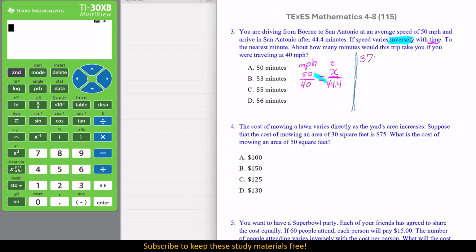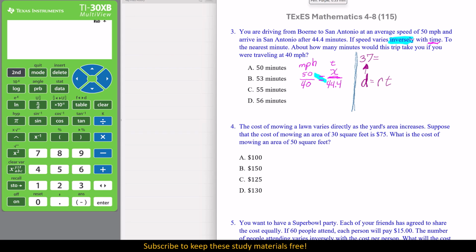This is my distance in miles, and I know that D equals RT, an equation we start dealing with in 7th grade: distance equals rate times time.